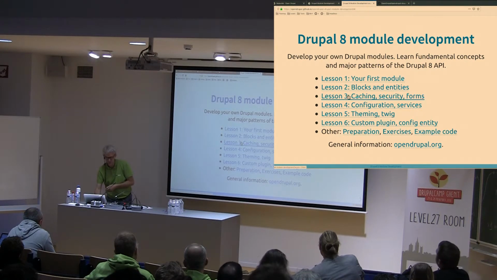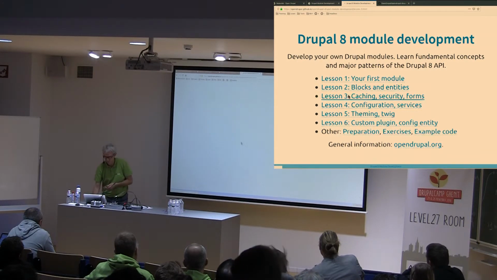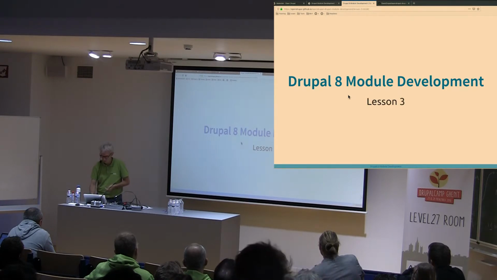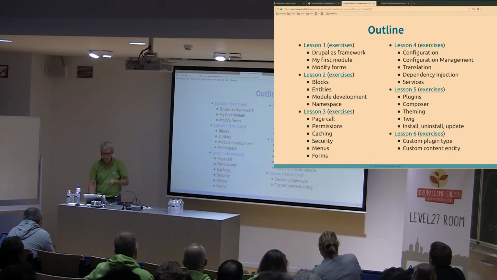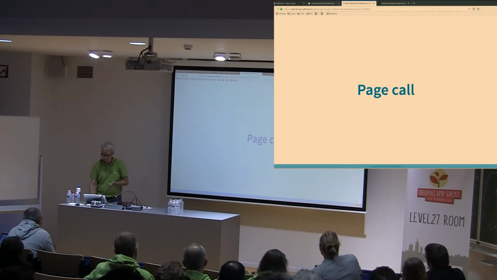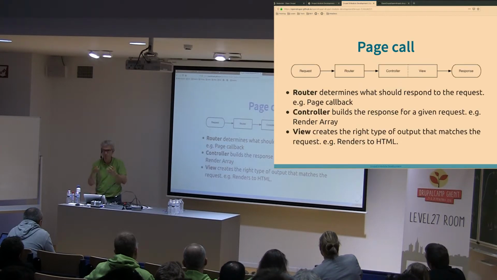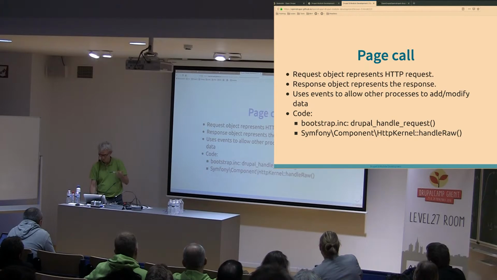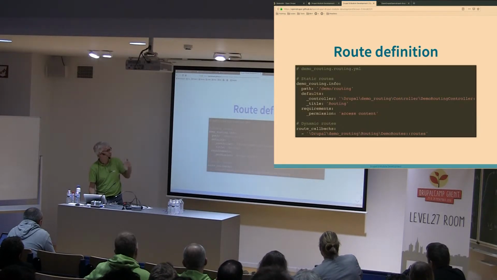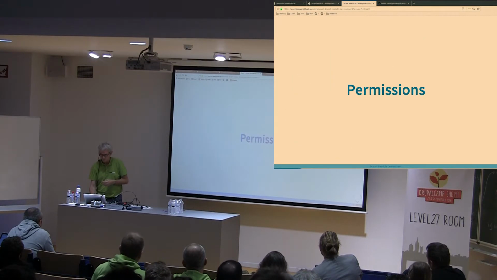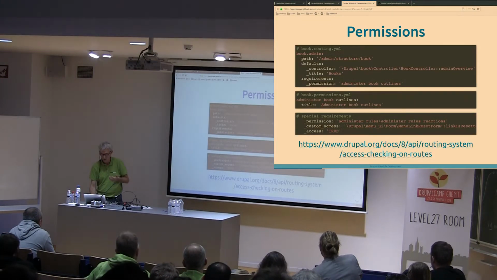These are the different lessons. For example, lesson 3 about caching. It has again an outline of the course, and then different sections about page calls. These are slide materials telling you about page call, the different steps in there, about request objects, response objects, some example codes, just to give an idea about what information is in their slides.